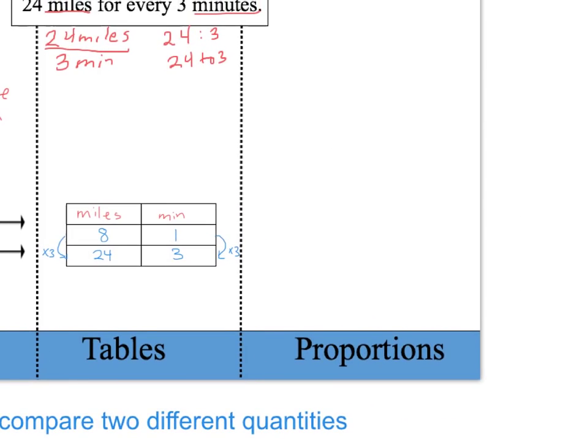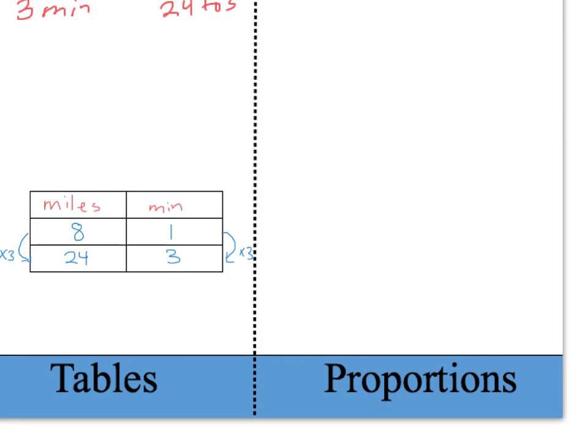Finally, let's talk about proportions. Proportions are two ratios that are equal. So I can say that miles over minutes should equal miles over minutes.